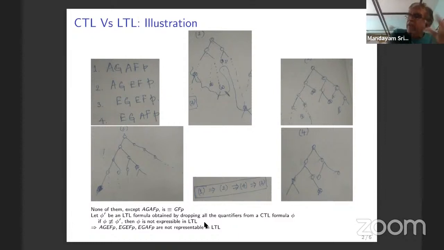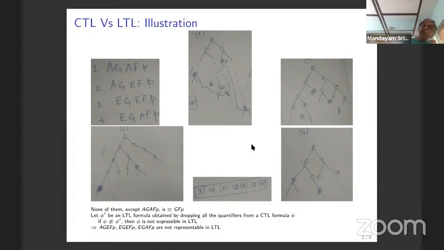So this is a bit trickier than just dropping quantifiers. After dropping quantifiers, you will have to check if they are equivalent, which means whether the two formulas are equivalent on all behaviors, for all transition systems. That's how equivalence of formulas is defined. And therefore, you would think that CTL and LTL are somewhat incomparable.